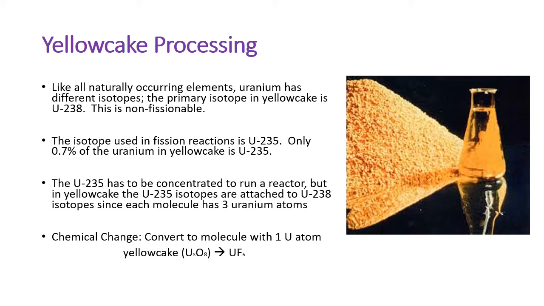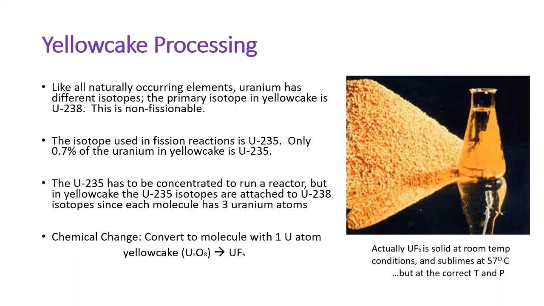And this would, if it were yellow cake and uranium hexafluoride, be taken in non-standard conditions because uranium hexafluoride is a solid at room temperature. And it sublimes when it reaches 57 degrees. Uranium hexafluoride is not a liquid at all at 1 atm. So to take this picture, the pressure has to have been changed. However, at the correct temperature and pressure, you get the idea.